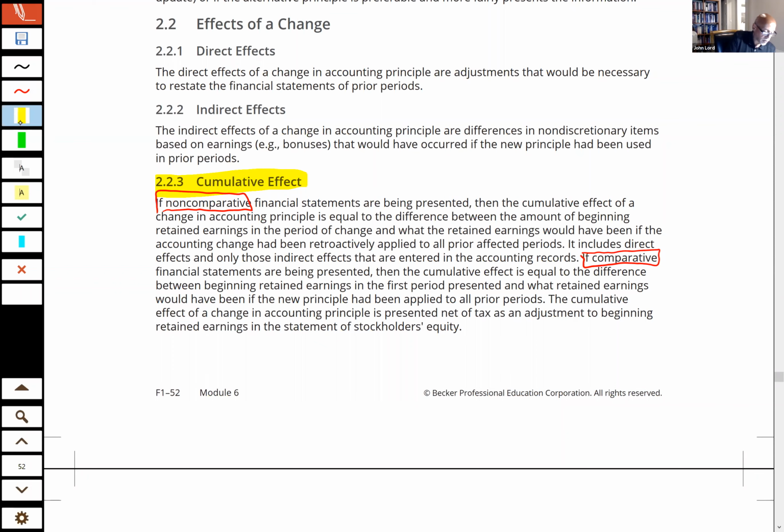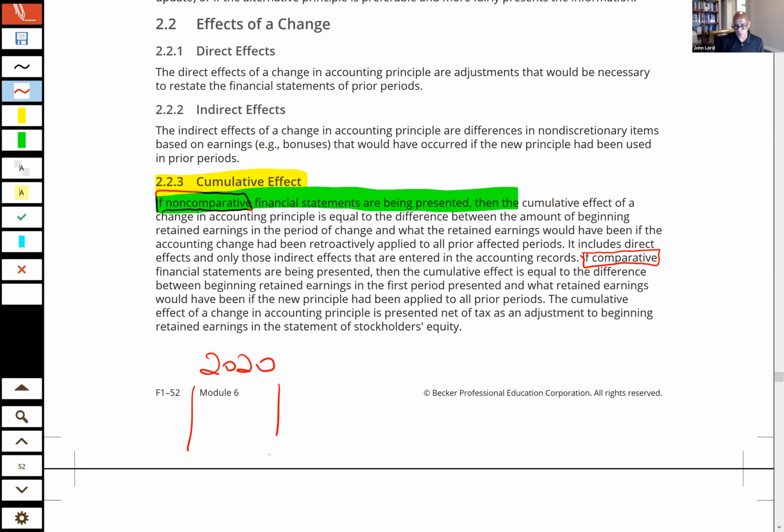So let's first look at what happens if we're talking about non-comparative statements. Non-comparative means what? I'm just showing you the results of 2020. That's it. I don't show you 2020 and 2021, right? So that's non-comparative statements, okay?